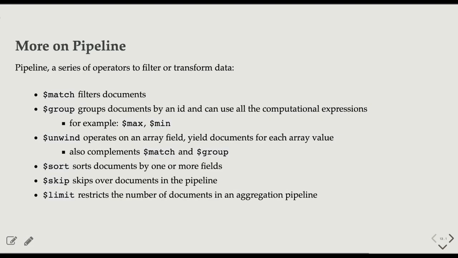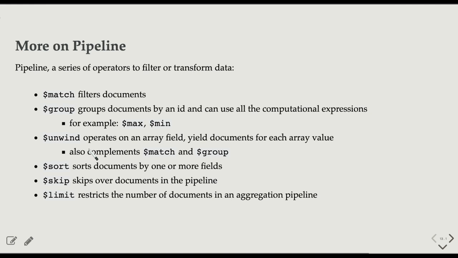Just a few words on the pipeline. As I said, a pipeline is a series of operators to filter or transform data. There is a lot more you can do than I have presented. For example, you can use $match to filter documents. And as you see, with $group, you can group documents by an ID and run statistics such as average, sum, mean, max.